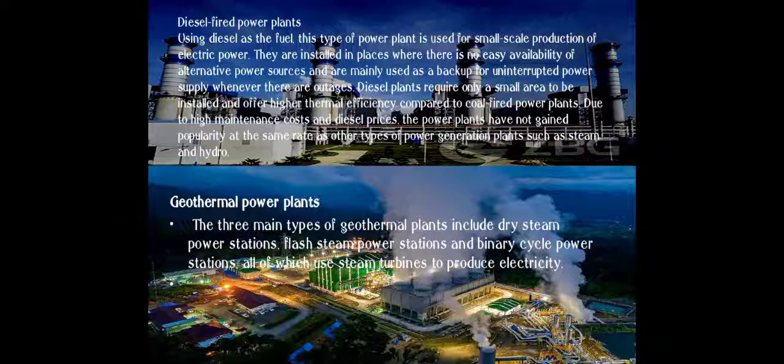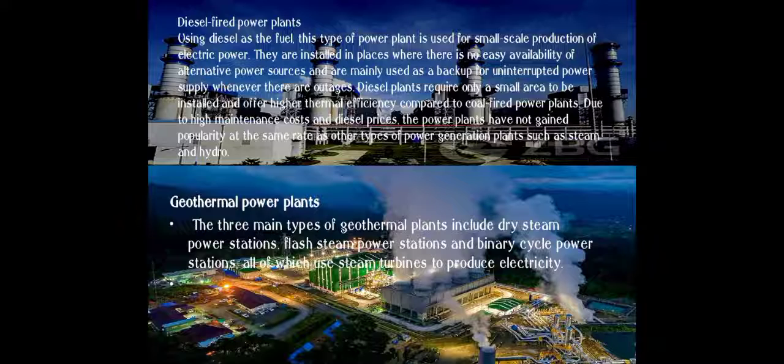Diesel plants require only a small area to be installed and offer higher thermal efficiency compared to coal-fired power plants. Due to high maintenance costs and diesel prices, the power plants have not gained popularity at the same rate as other types of power generation plants such as the steam and hydro.